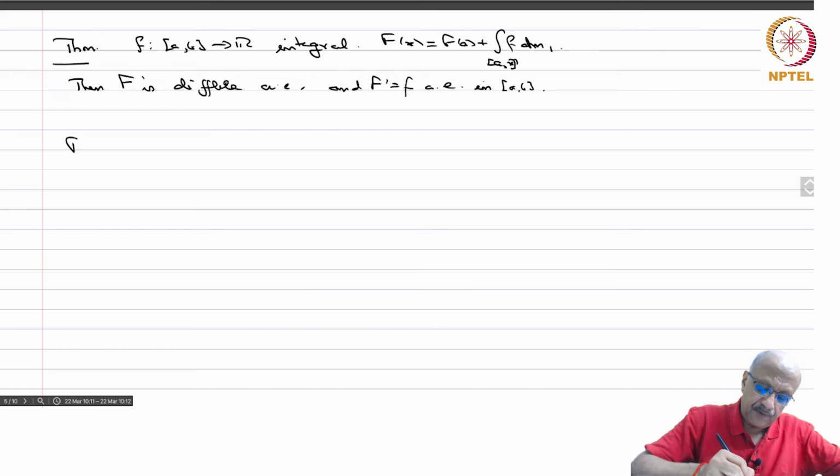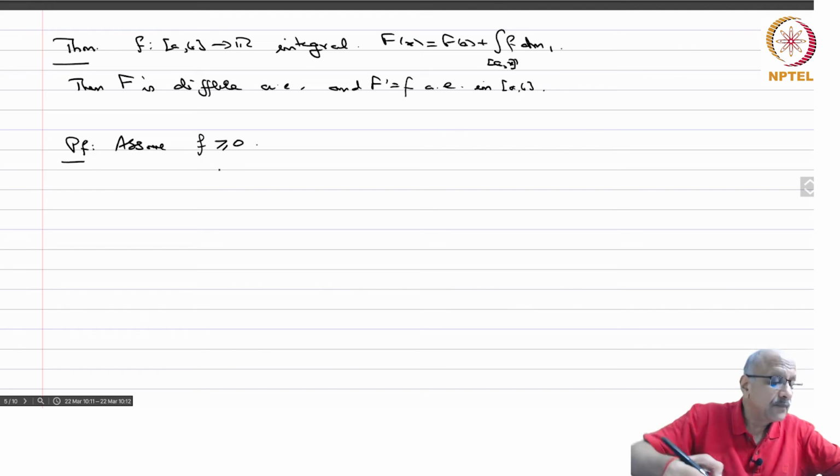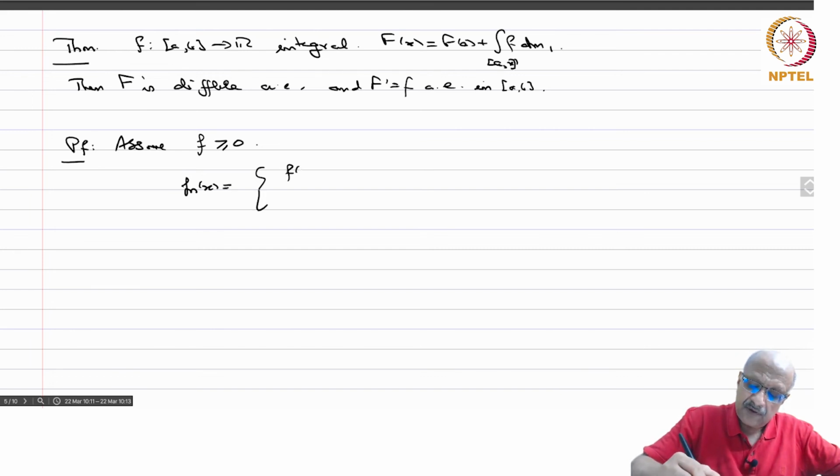Okay, proof. So assume f is non-negative, and define f_n of x equal to f of x if f of x is less than or equal to n, this trick we have done before, and equal to n if f of x is bigger than n.